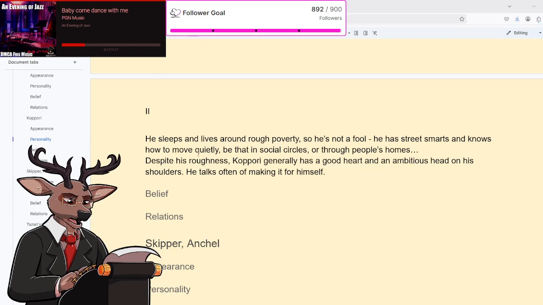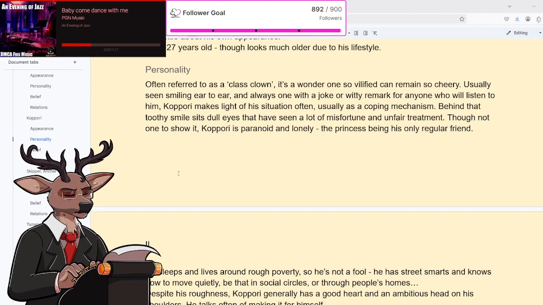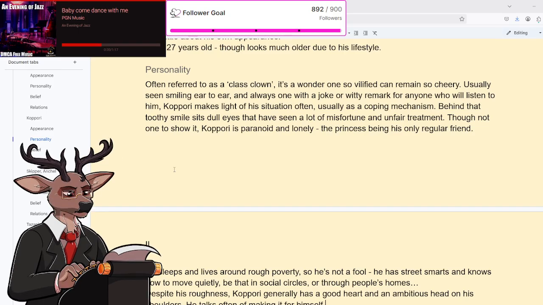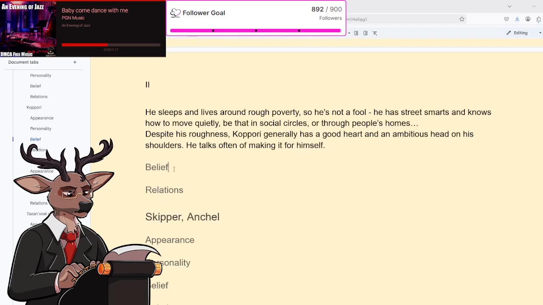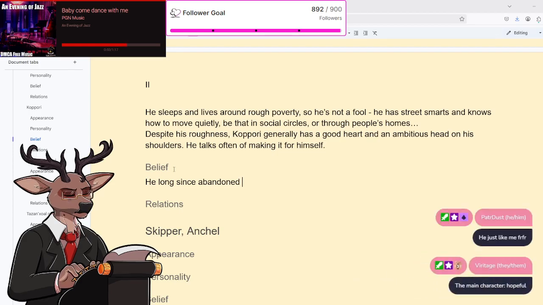My poor misguided fool who thinks the world will get better for him. What he doesn't understand is he's a main character in a book, and therefore bad things will happen to you. He's just like me, for real, for real.